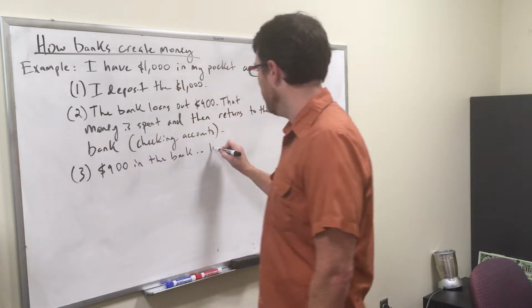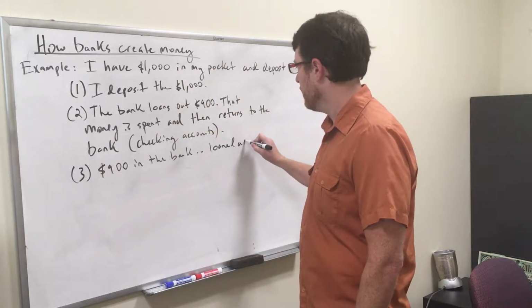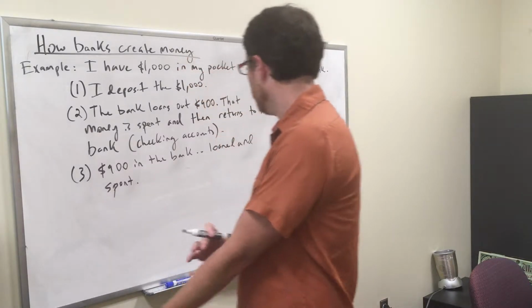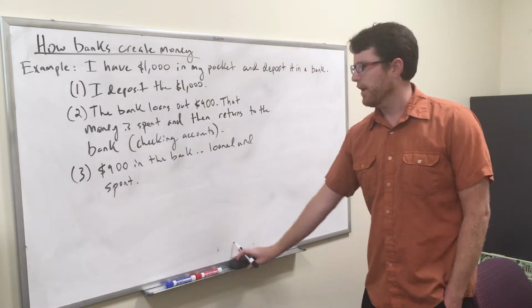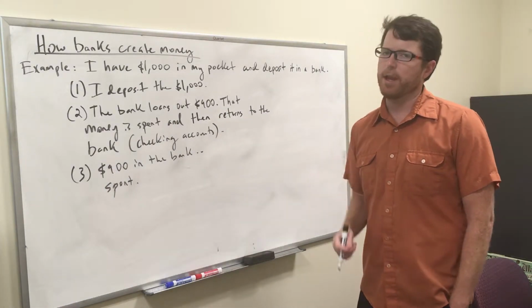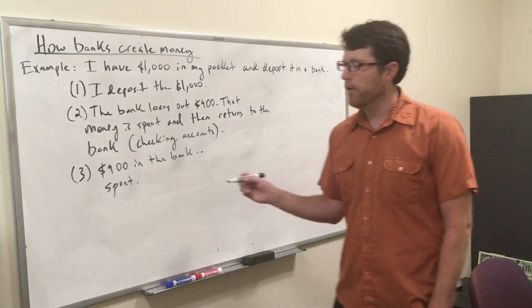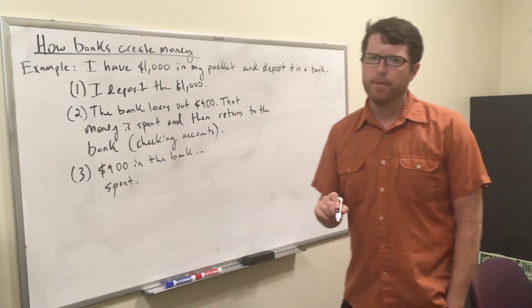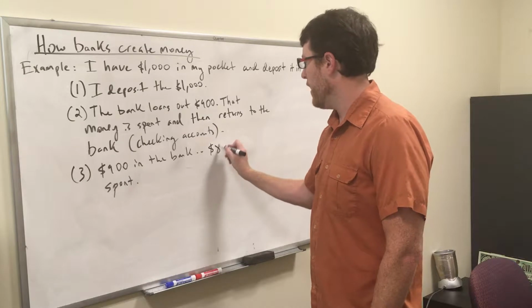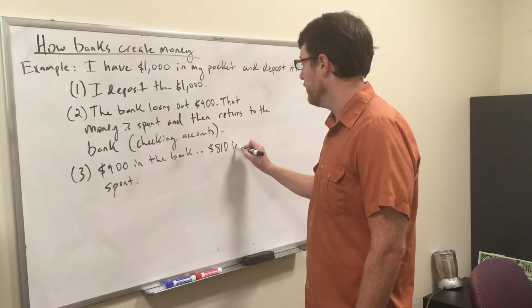And that money is loaned and spent. Now how much of that is loaned and spent? I kind of got ahead of myself here. How much of that $900 would be loaned and spent? You should be able to answer that. The bank has to hold 10% of that, so the bank has to hold at least $90. So up to $810 is loaned and spent.